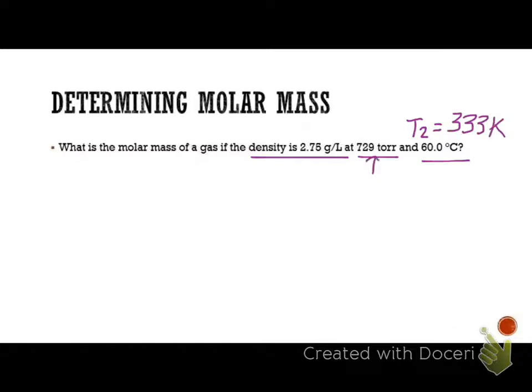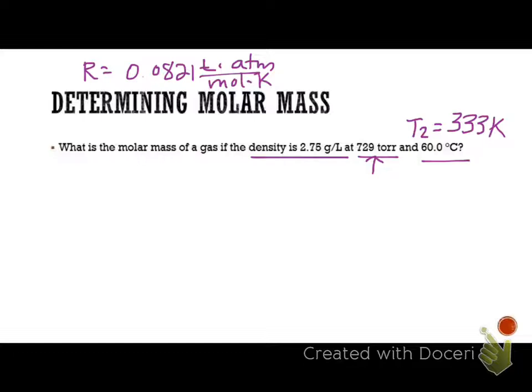It gave me pressure in torr, and that's not going to work for the gas laws because I have to be in atmosphere. Because remember, my units of R, 0.0821, are liters times atmosphere over mole times K. So my units have to be in atmosphere to match that.